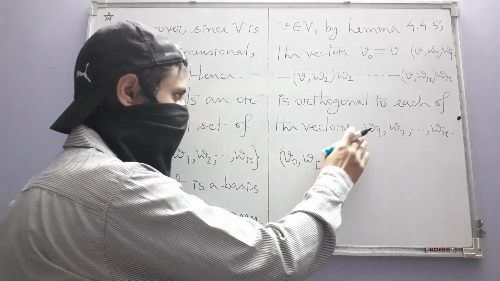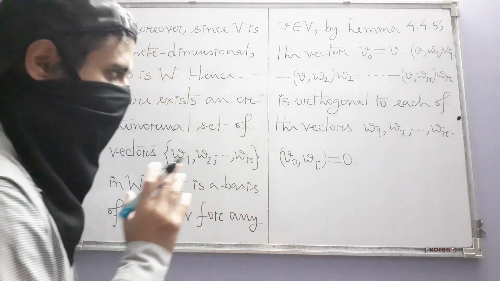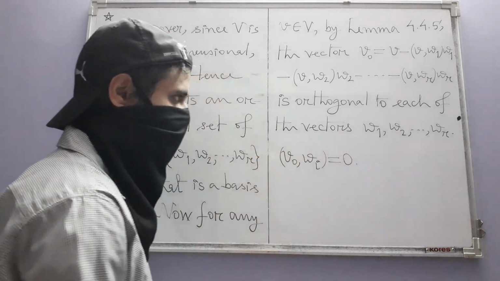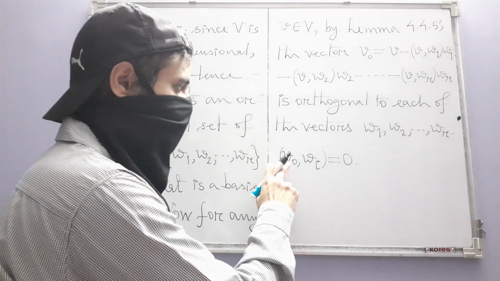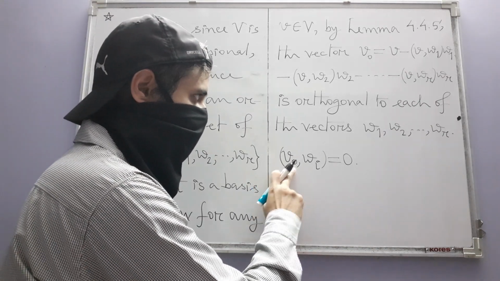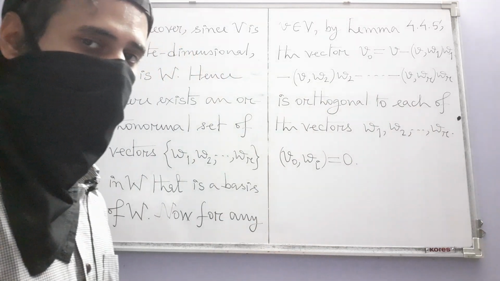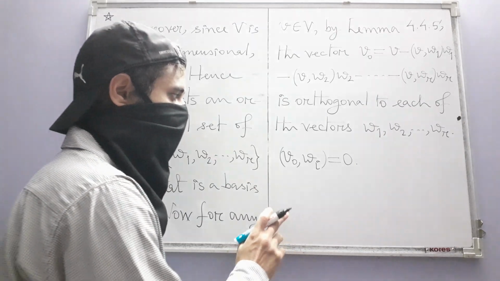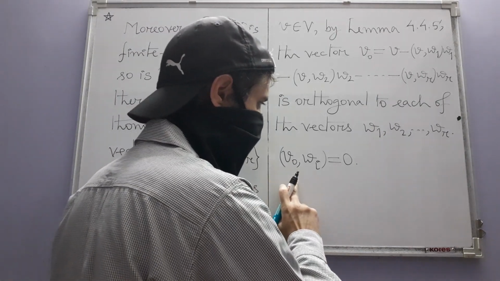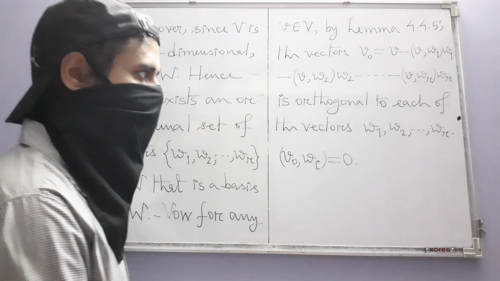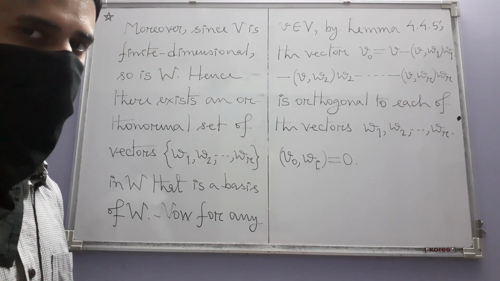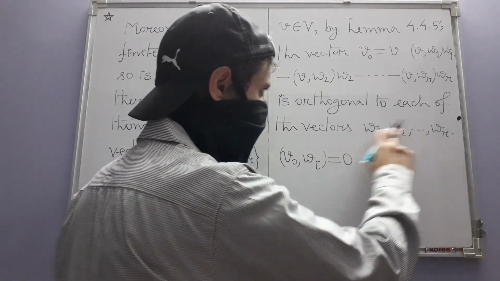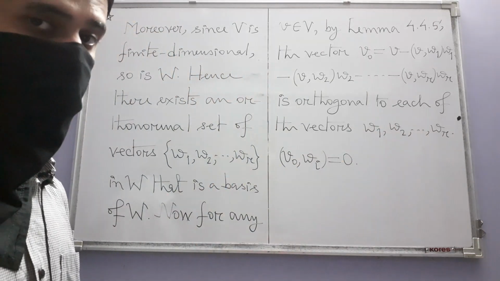But we know that since these vectors form a basis for capital W and these inner products are 0, the inner product between V naught and any linear combination of these W's will also be 0, or in other words, V naught will be orthogonal to every vector in capital W. Naturally, because the vectors in capital W are going to simply be linear combinations of these basis vectors.